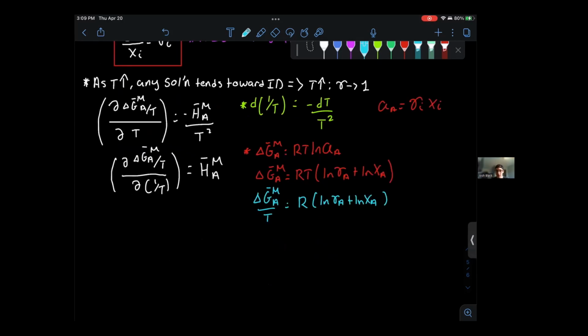If we now consider derivatives, we know that XA does not rely on T at all. But we know that our activity coefficient does rely on T. So we can replace this by the derivative of R ln of the activity coefficient with respect to 1 over T, which is equal to the enthalpy.